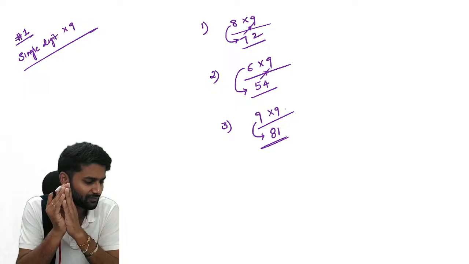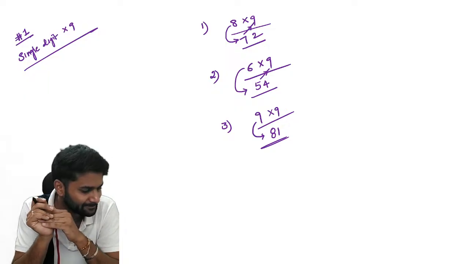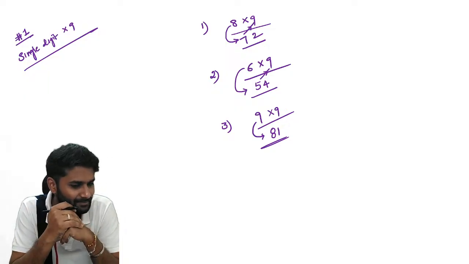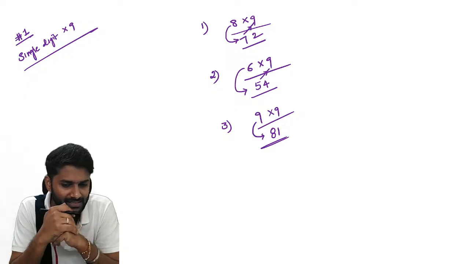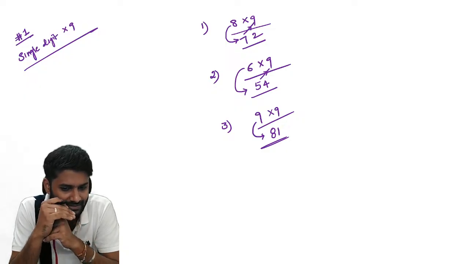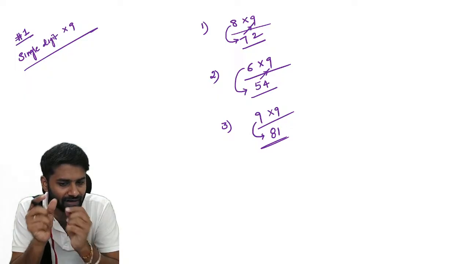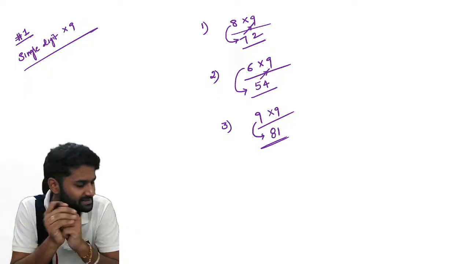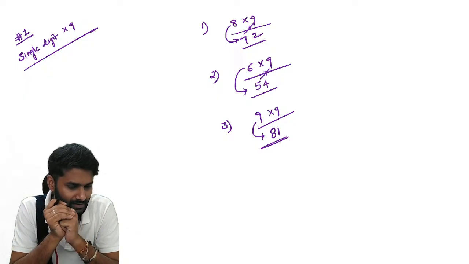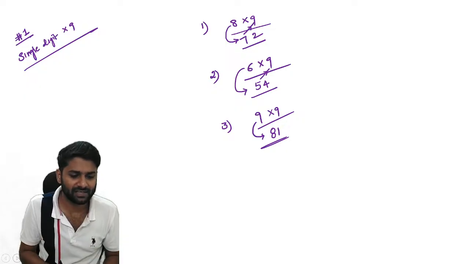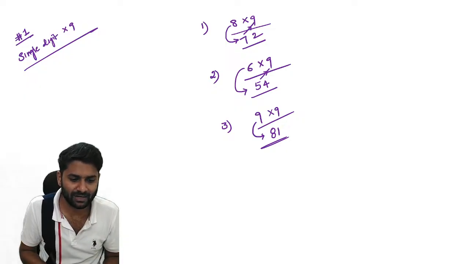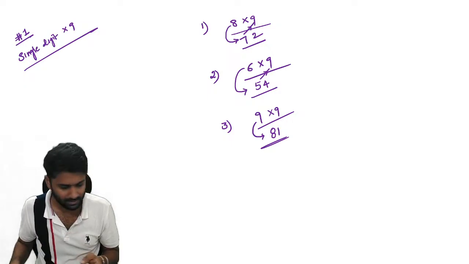Is it clear? So every time consider the previous digit and find the difference to 9, which should be written right beside it. So this is the observation if any single digit number is multiplied with a 9.